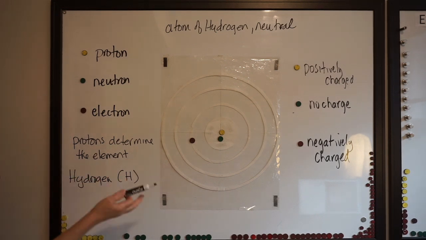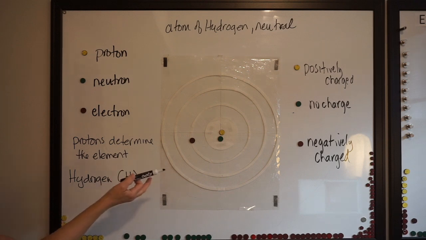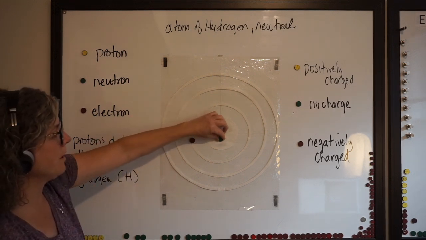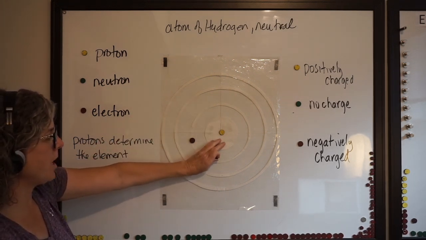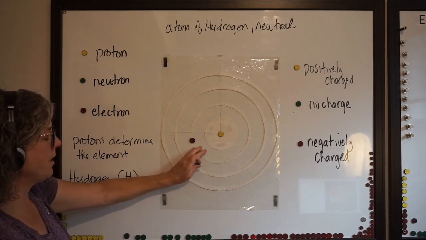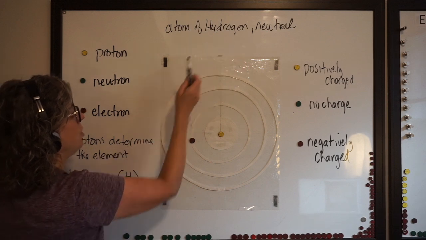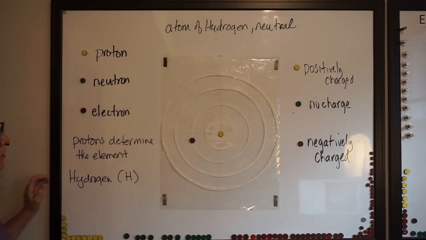Okay? So that's a really a review. I am showing the most common form of hydrogen, one proton and one electron, neutral.